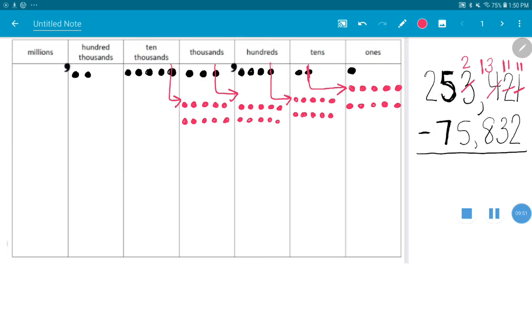So now I only have 4 10,000s, and I have 12 thousands. Alright, can we subtract our 10,000s? I have 4. I need to take away 7. No. Nope. So we're going to have to go to our 100,000s.